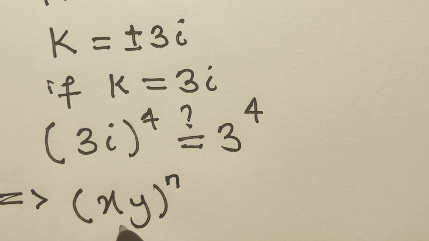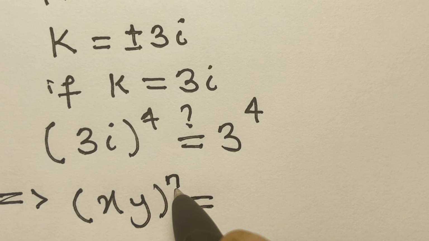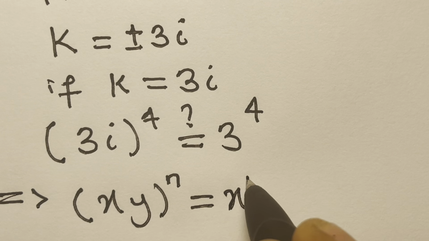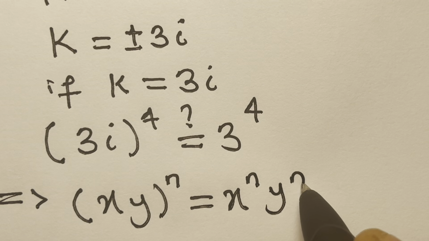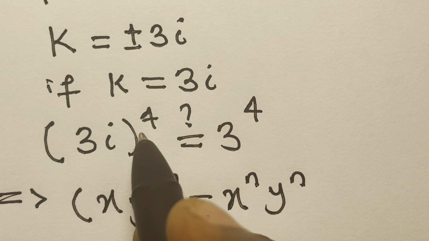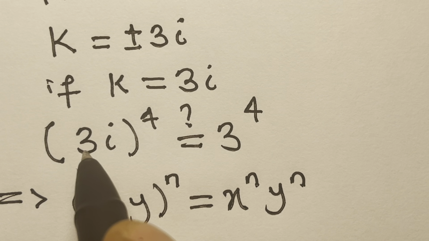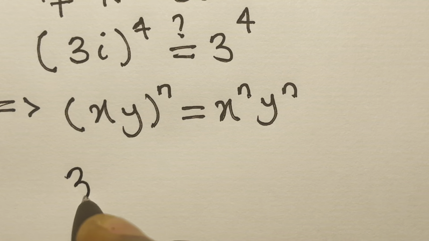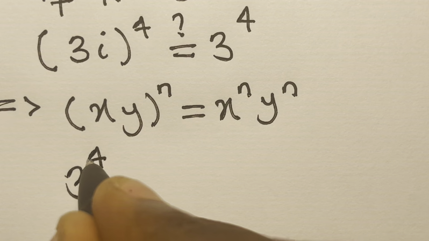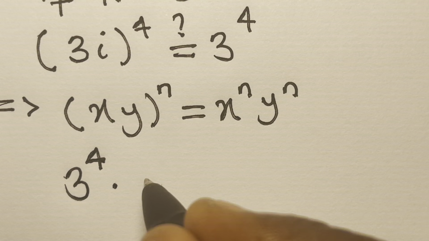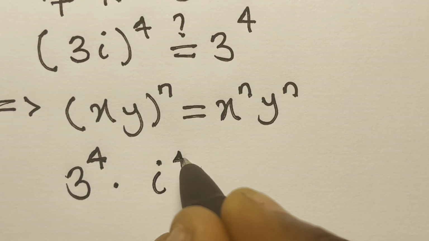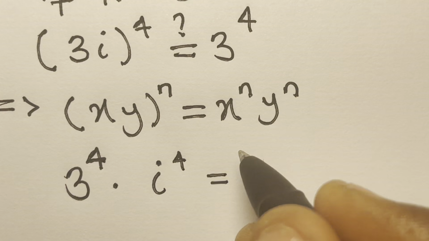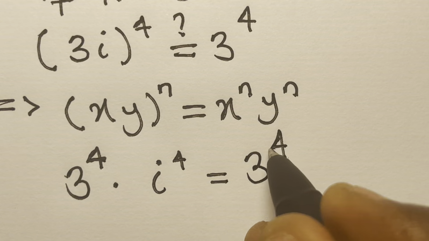If you have xy raised to power n, we are going to distribute this n to both x and y. You understand? So the same thing will happen to 4 here. You distribute this 4 to both 3 and I. So we will have 3 raised to power 4 multiplied by I raised to power 4, and this is equal to 3 raised to power 4.